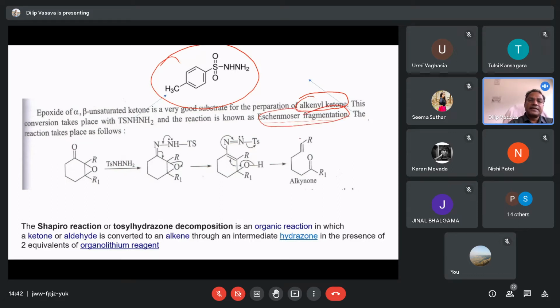In that case, this triple bond is generated. If you look at this, it is the epoxidation. Once the epoxidation takes place, later it forms the triple bond, but of course here we are getting the alcohol or the ketone.